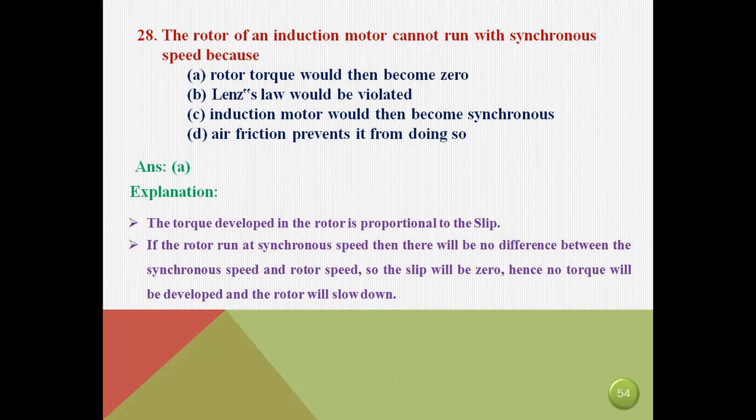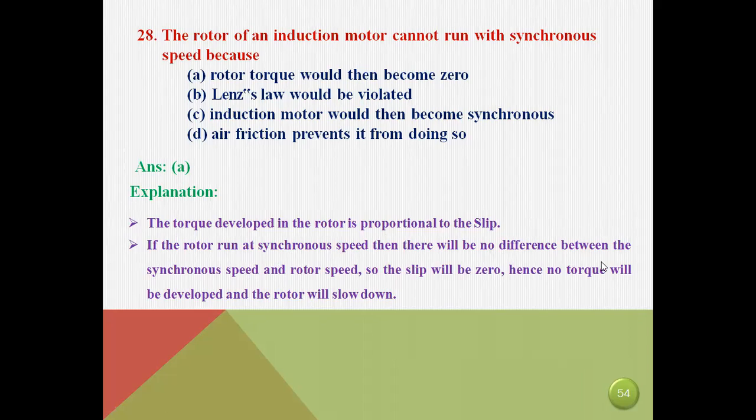We are saying torque is directly proportional to the slip. If the rotor runs at synchronous speed, there will be no difference between the rotor speed and the synchronous speed, so you will get slip equal to 0, because S equal to 0 upon Ns.